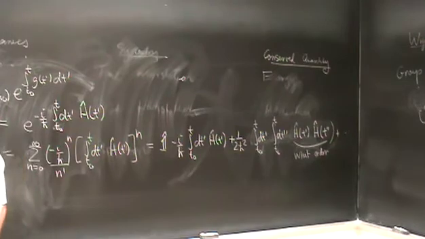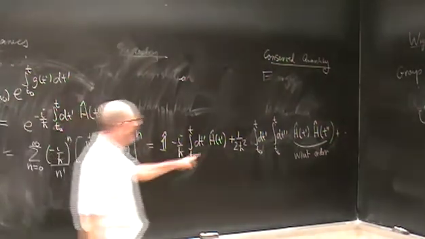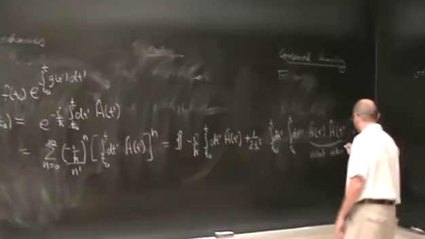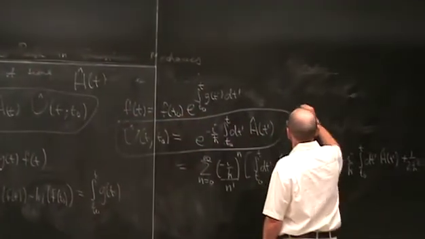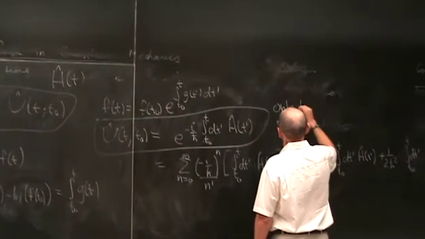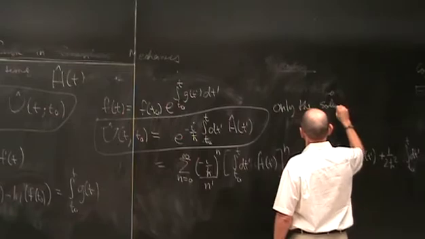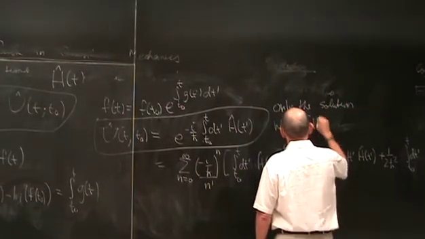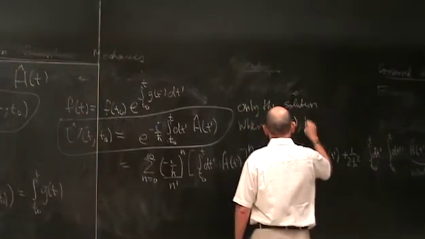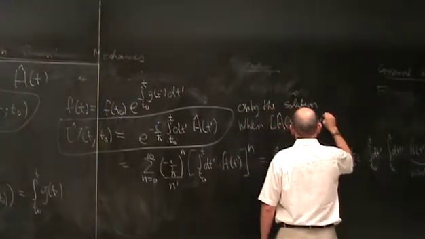I only get this if they commute with one another. So this is only the solution when the Hamiltonian commutes with itself at different times.